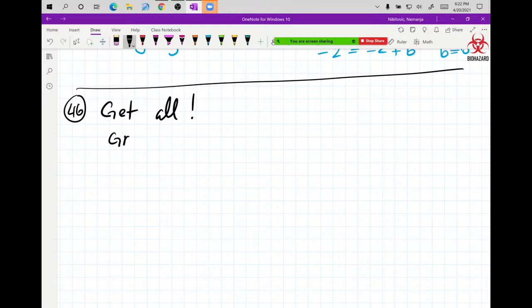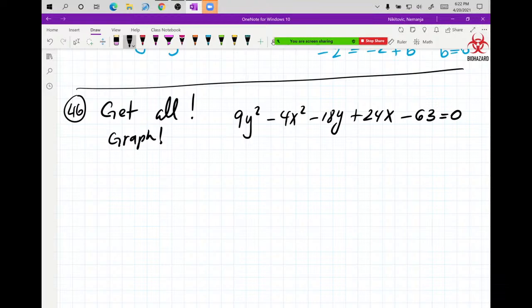So 9y squared minus 4x squared minus 18y plus 24x minus 63 equal to 0. One more time: 9y squared minus 4x squared minus 18y plus 24x minus 63. Cool. So we got all of that done and covered.